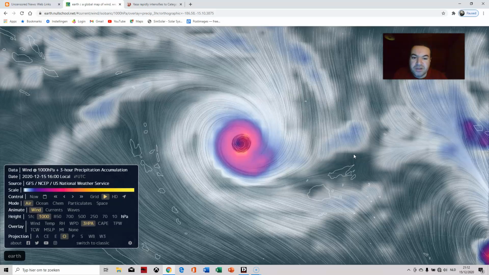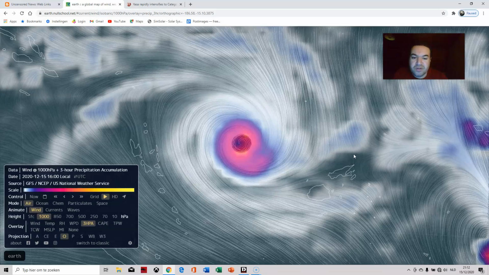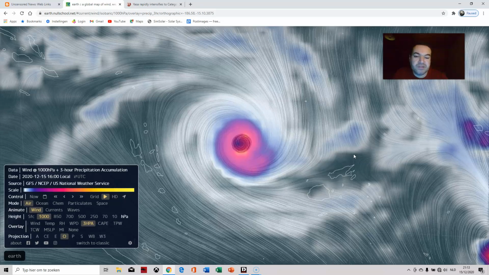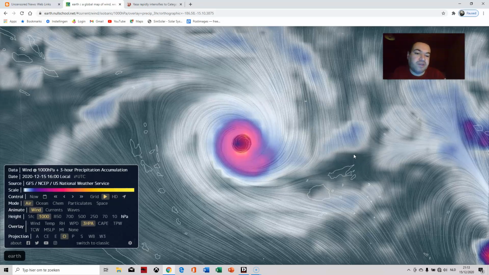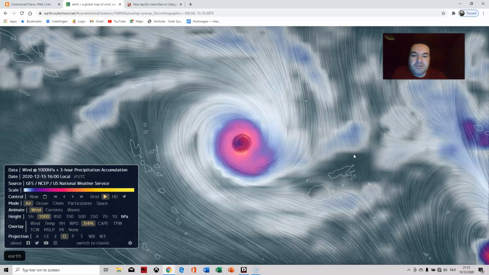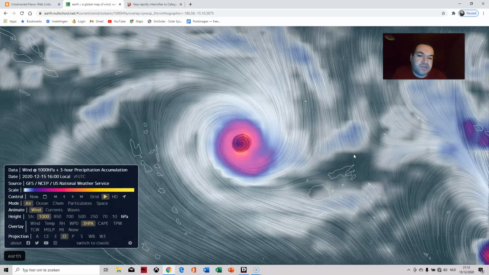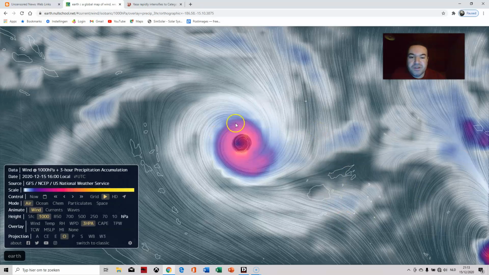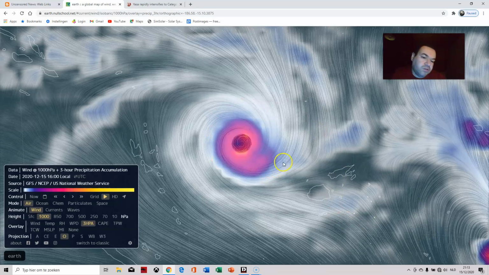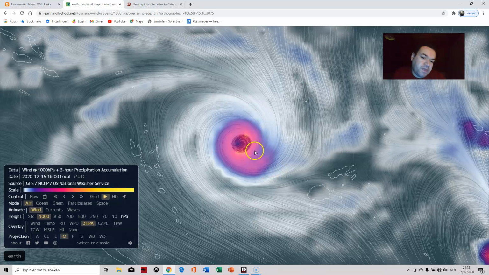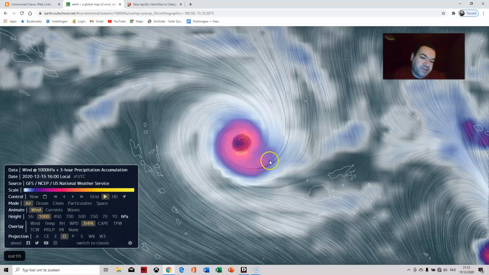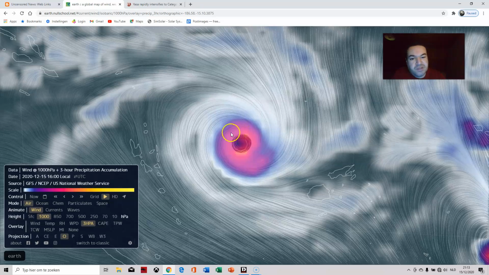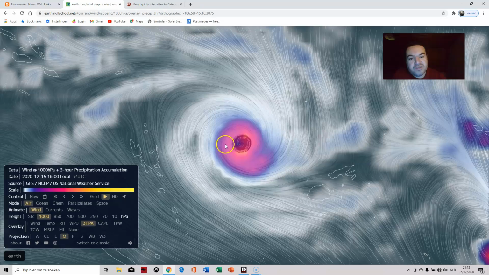So it has lots of moisture in it, and this will fall in the form of heavy rains, and it will definitely cause floods, but also storm surges because of the winds, especially near the wall here. This is where the wind is the highest. This is the eye of the cyclone, and these are the walls, the immediate walls next to the eye.